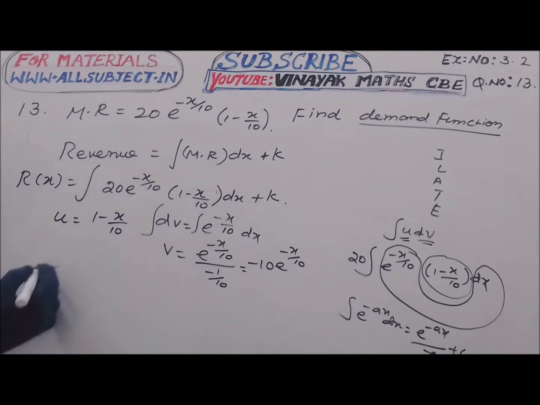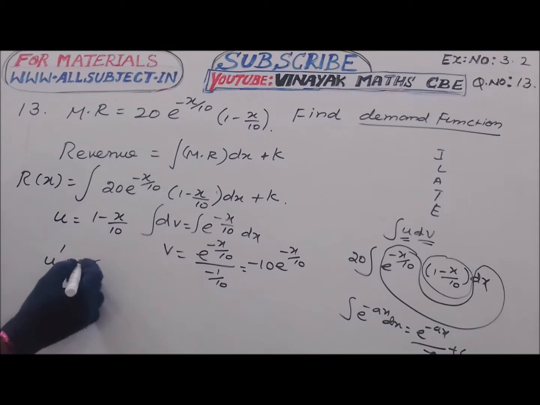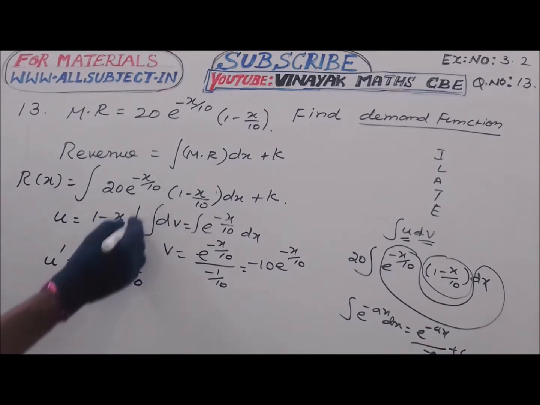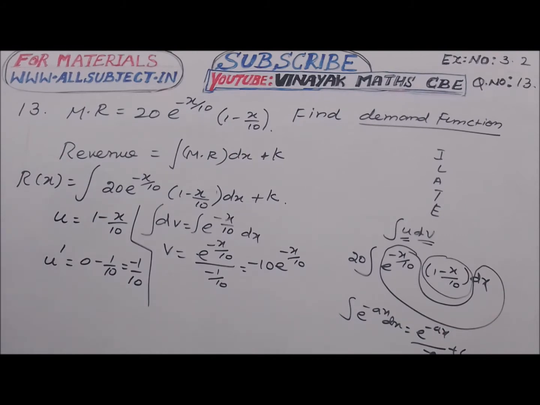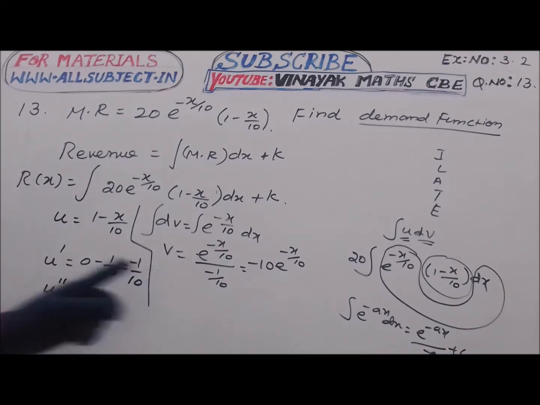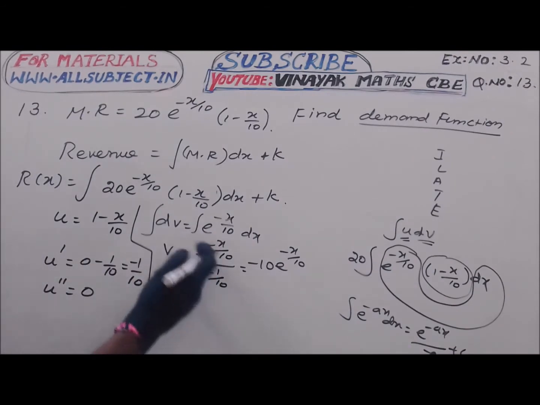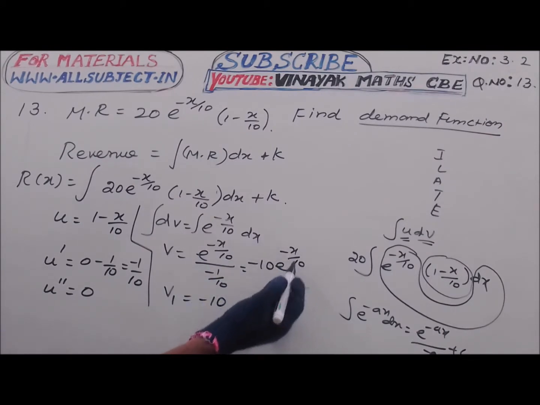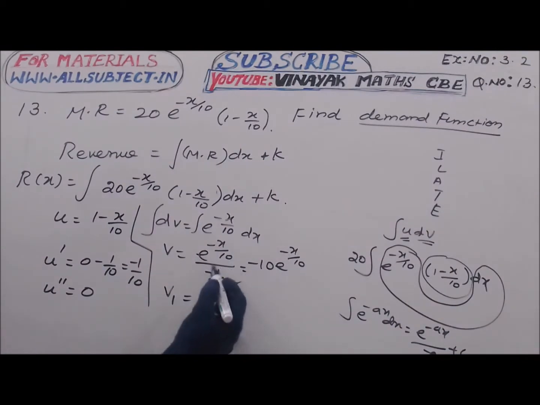Then u dash equals 0 minus 1 by 10, which is minus 1 by 10. Then u double dash is a constant, so it becomes 0, and we need v1 here. Integrating the function v again, we get minus 10 into e power minus x by 10 divided by minus 1 by 10.